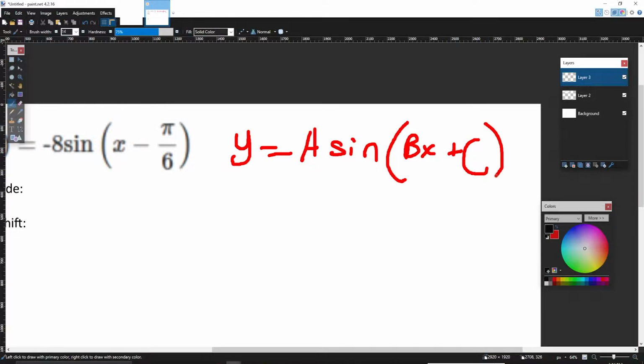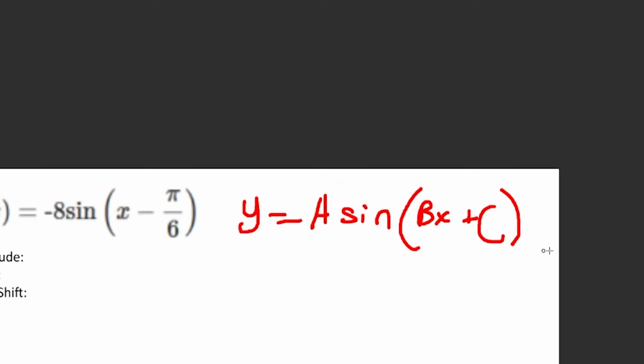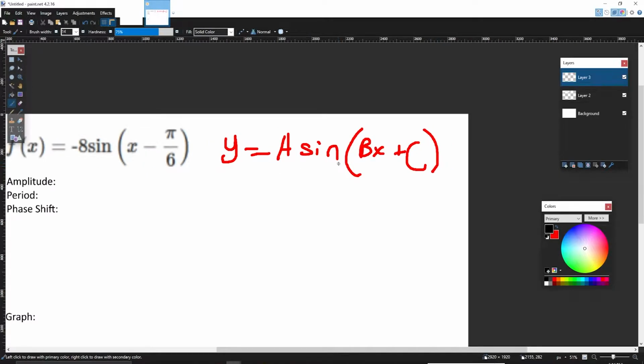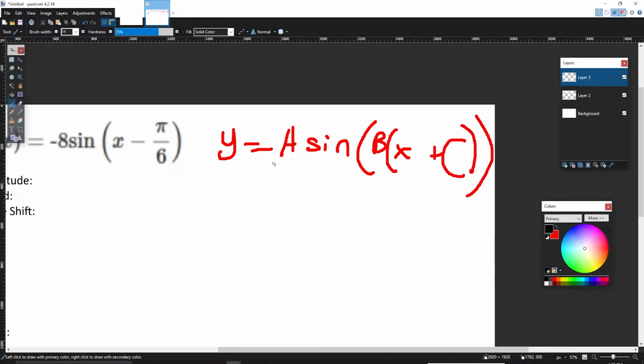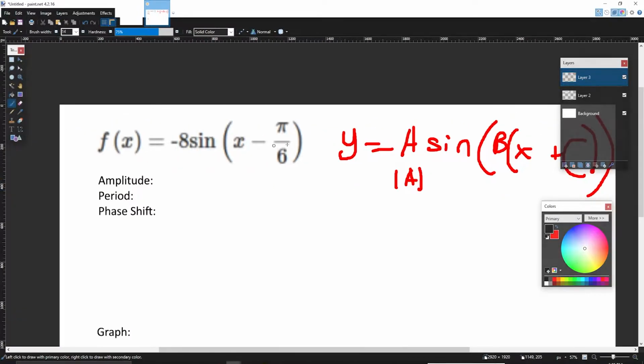Well, no, actually, it's b and then x plus c. Amplitude is usually just the absolute value of a. So in this instance, a is -8, so it's just the absolute value of -8, which is a regular 8. So that's gonna be the amplitude.